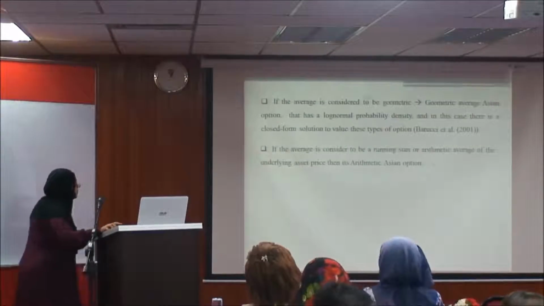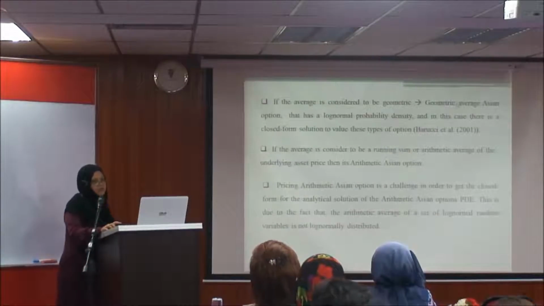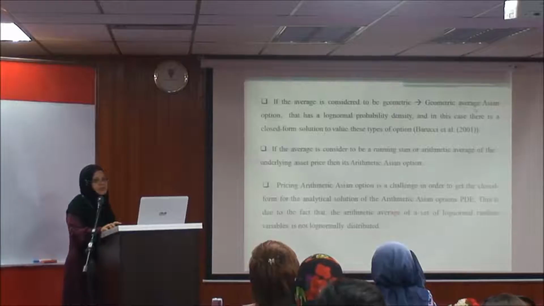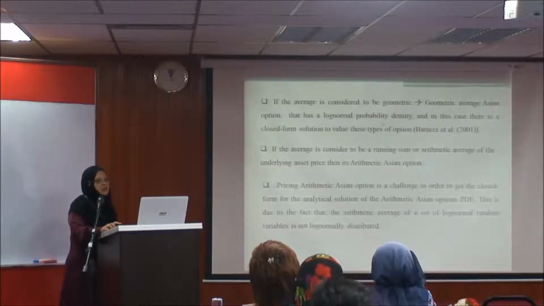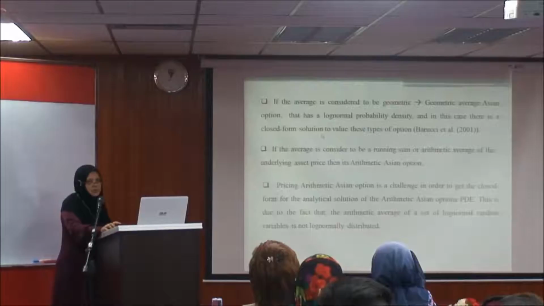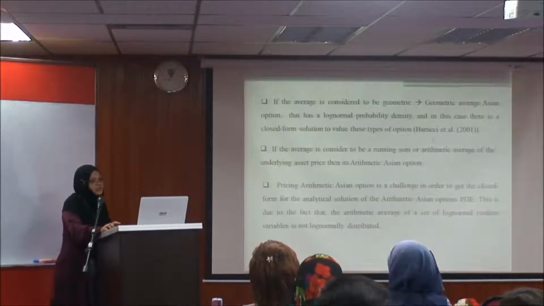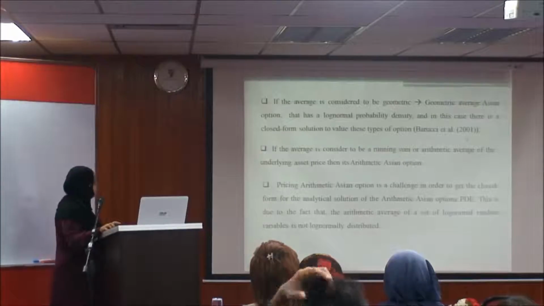If the average is considered geometric, the geometric Asian option has a log-normal probability density, and in this case there is a closed form solution, meaning you can find the solution. Not that hard. Anybody interested can check Baruchi et al. 2001.